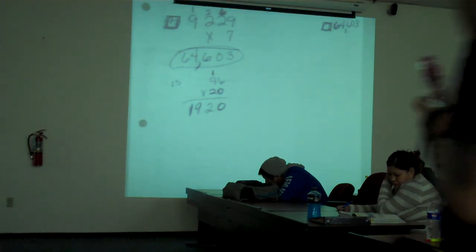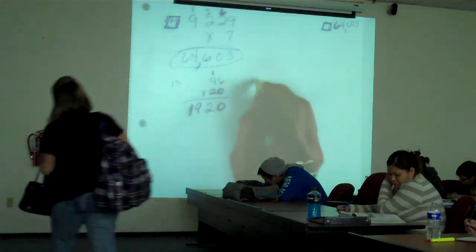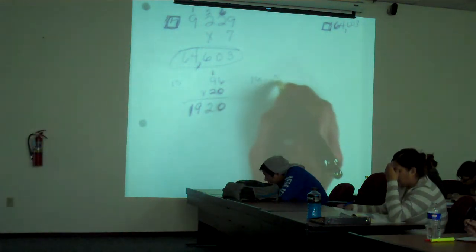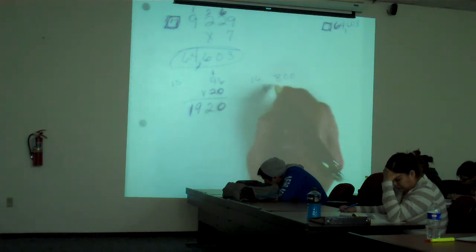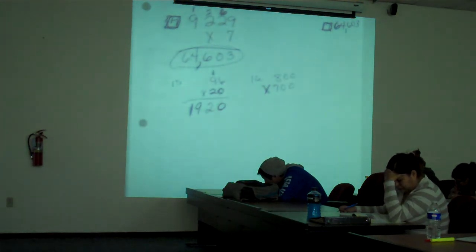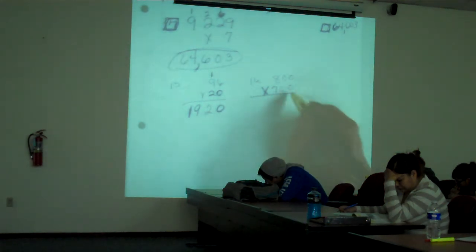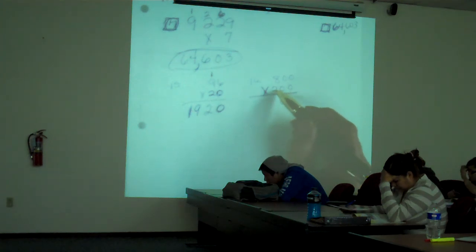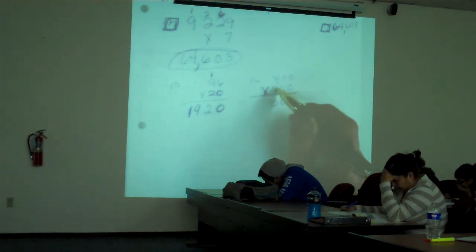Okay, if there's a lot of zeros, like number 16, like 800 times 700. Okay, you can have 2 zeros here, and then 7 times 0 is 0, 7 times 0, 0 again.